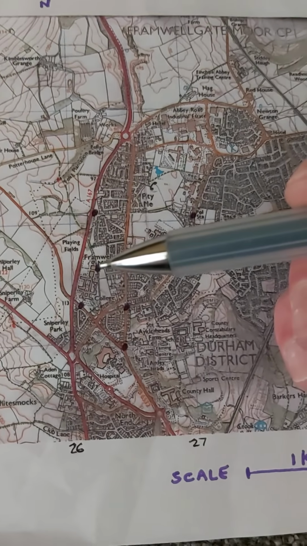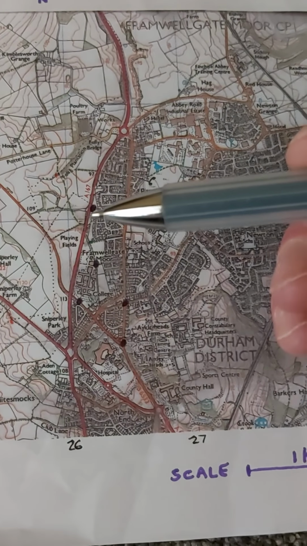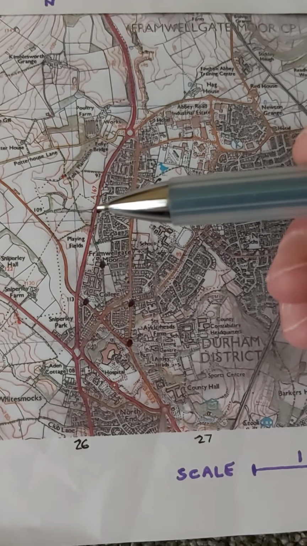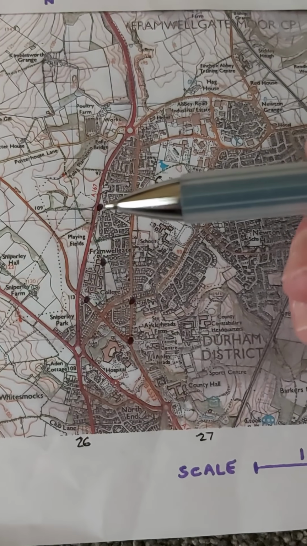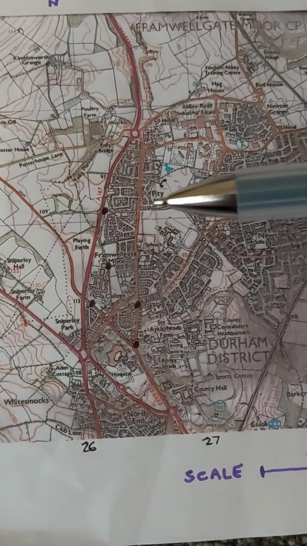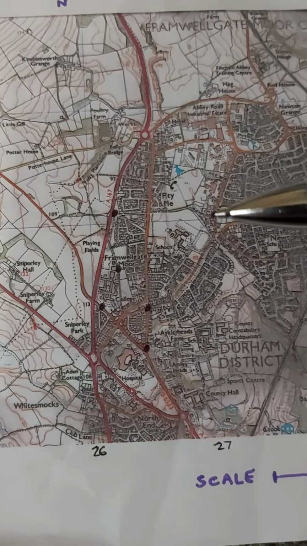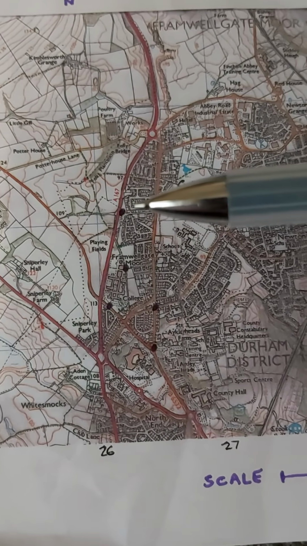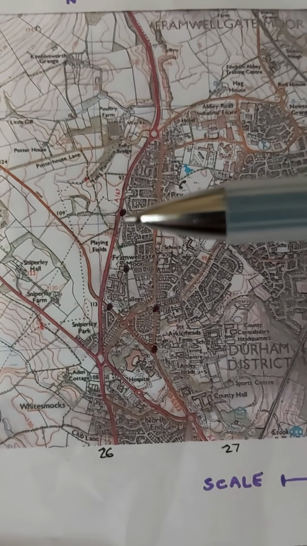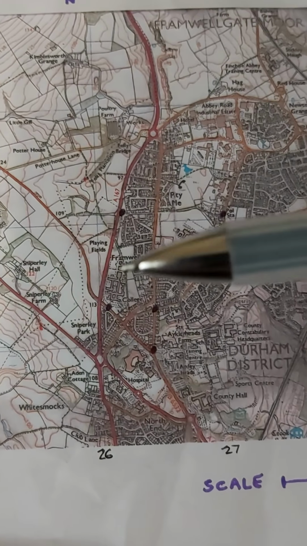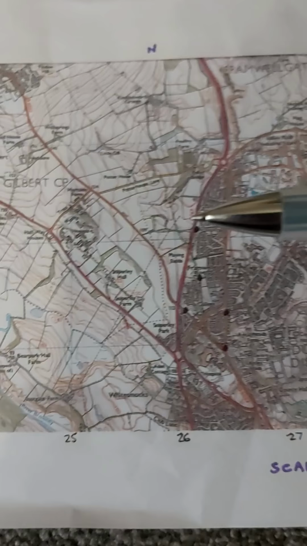Okay, we need to know the next one. Our next point, we're going to go up this path here to that point there. We've got a road on our left, which is west, and we've got a footpath going east here, all the way to that point there. We need to know where this point is. Again it's 26, because we've gone along 26, and we've gone up to 45 this time.